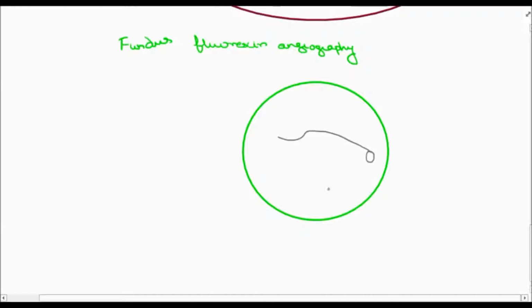This is a fundus fluorescein angiography. I hope everyone has seen one; they are actually like an angiogram. There are tiny dots which appear in the early frames.